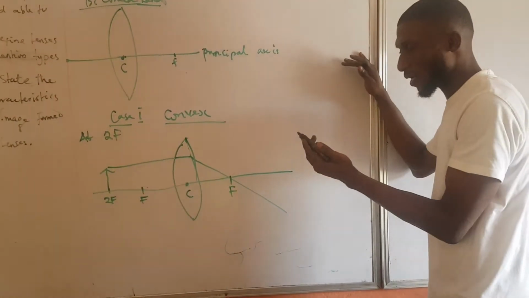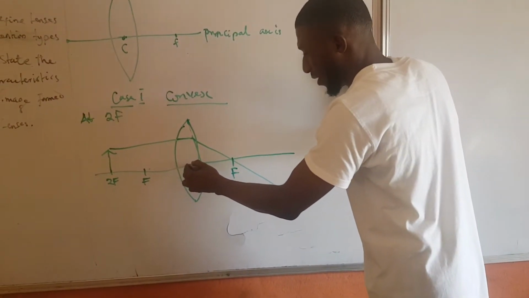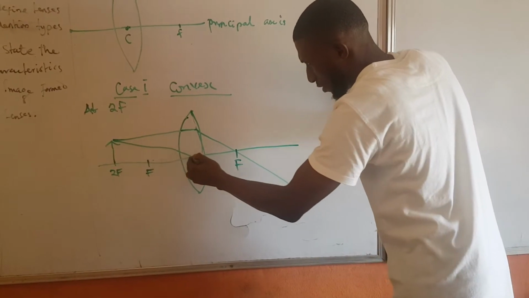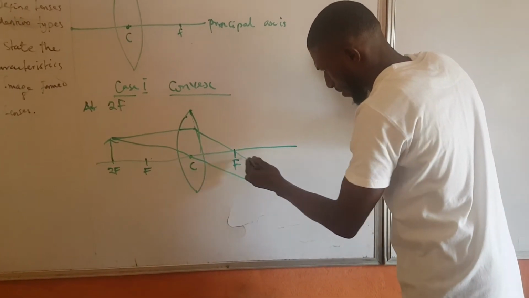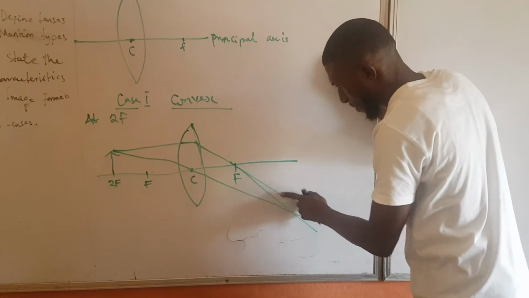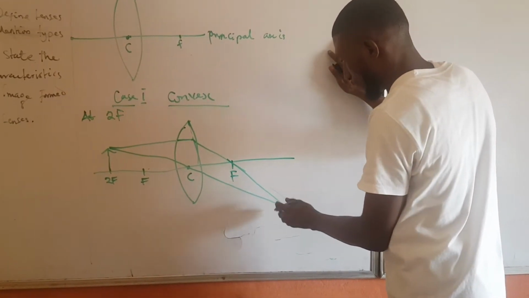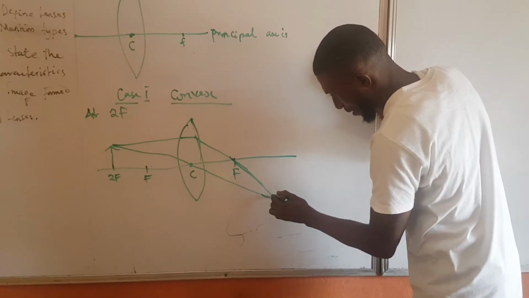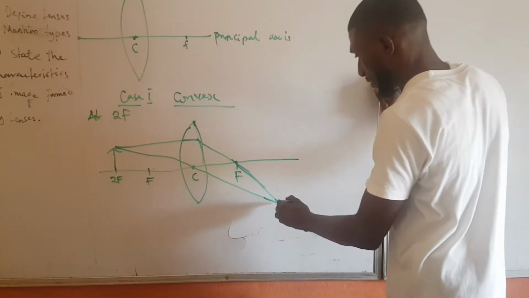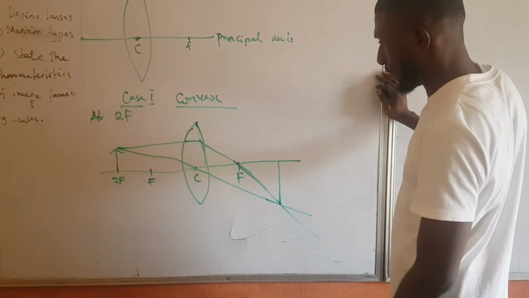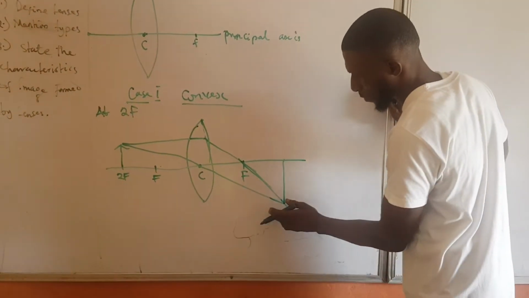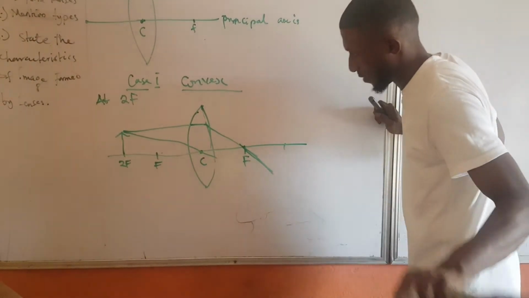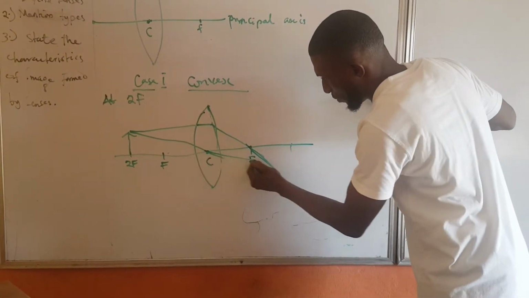Now, the second line that I told you is going to pass through this optical center undeviated, we need to draw that one too. Undeviated, like this. Then, this is where they meet after they have been deviated.